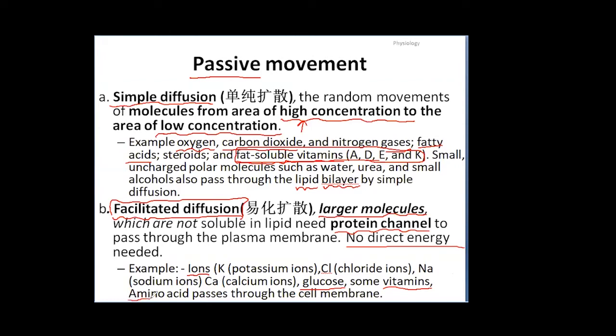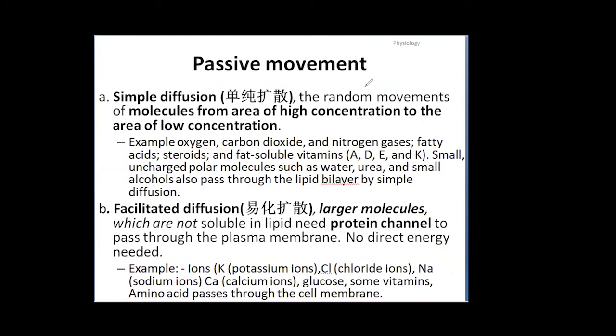And amino acids, which originally come from protein, the simple structure units of protein, need a protein channel when passing through the cell membranes. They don't necessarily need energy, but they need a protein channel.